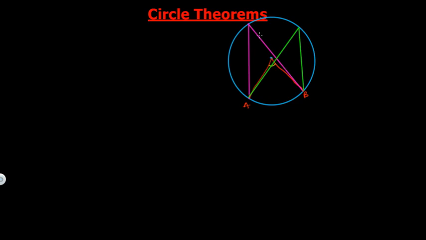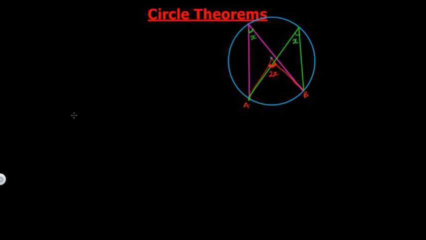So whatever that angle, this angle here now, if this is x, this will also be x, because they are formed from the same arc. Is that taken? So if this is x, this place will be 2x. That is telling us that the angle subtended by the arc at the center of a circle is twice the angle subtended by the same arc at any point on the circumference.